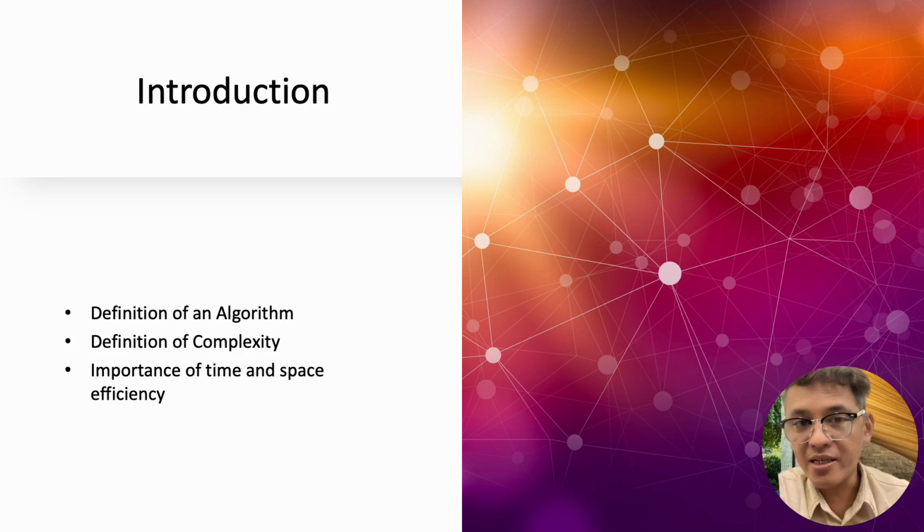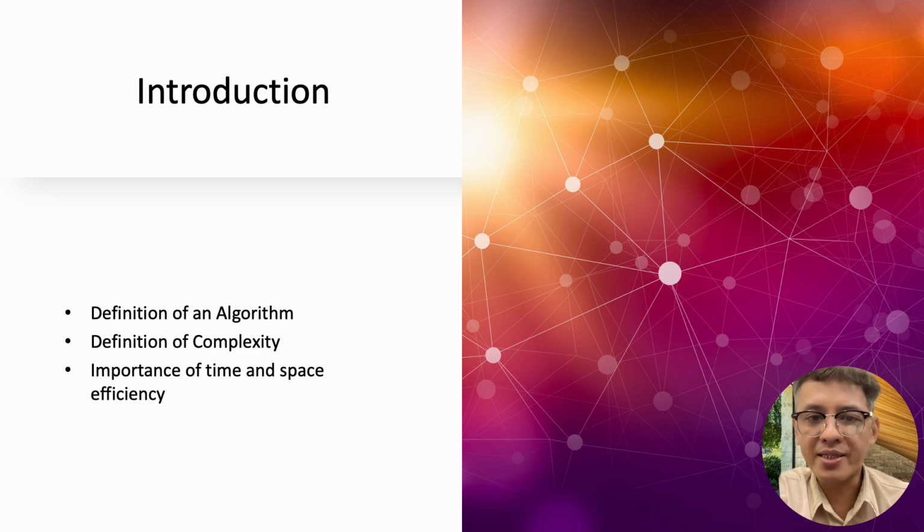Now, complexity refers to how efficient an algorithm is. We usually measure this in terms of time and space. Time complexity deals with how long an algorithm takes to run as the size of the input increases. Space complexity refers to how much memory or storage it uses.